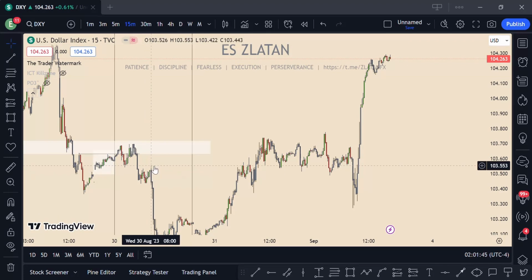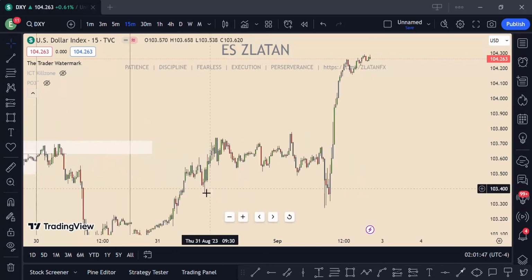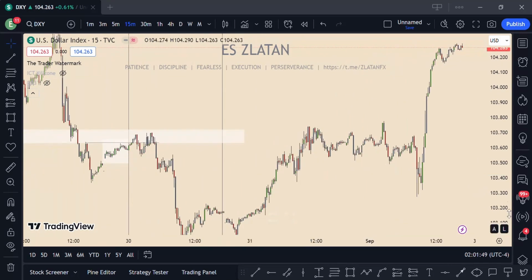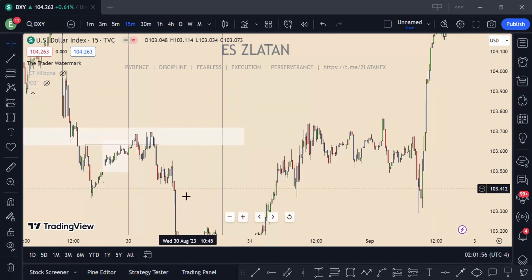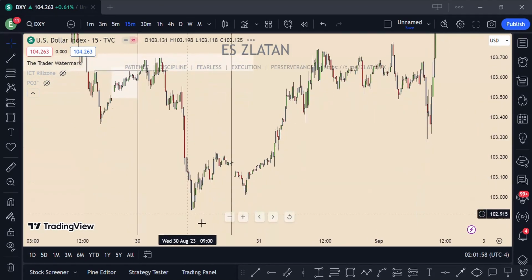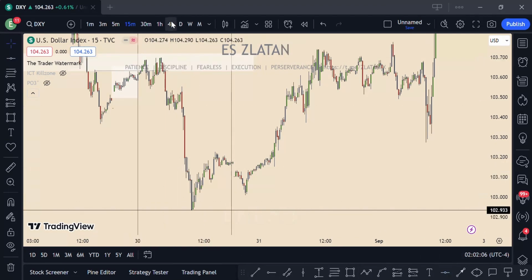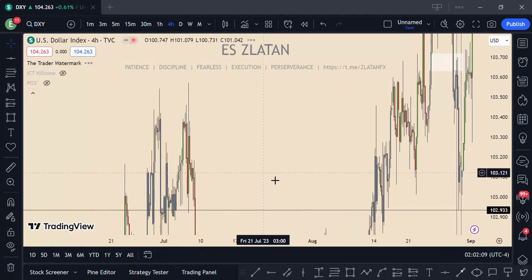We manipulated into that and took out the high of that range before New York. OTE, New York OTE, and the close right here. So let's check how this price right here closed and where it closed, right?